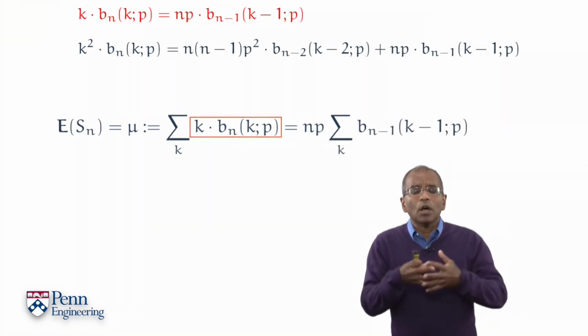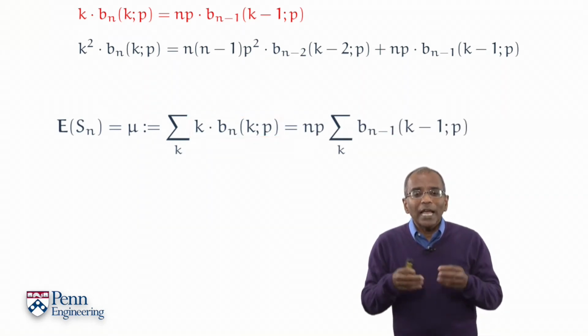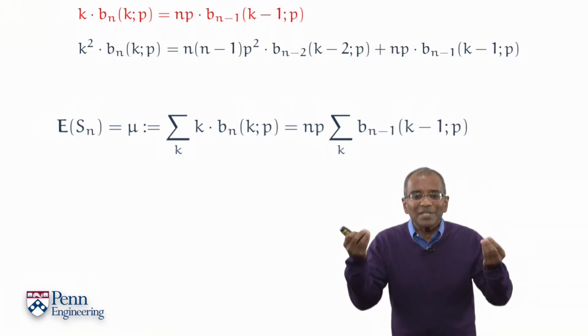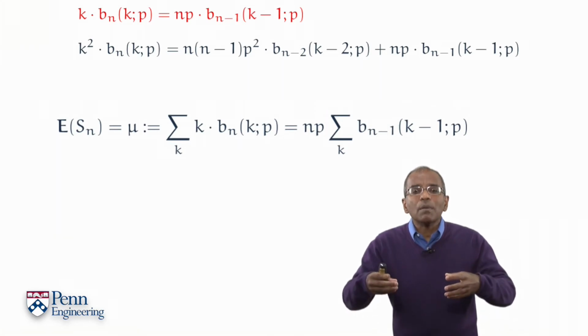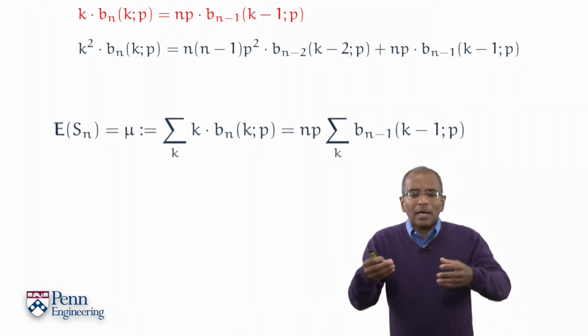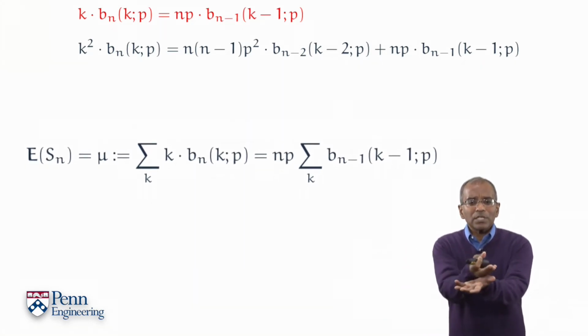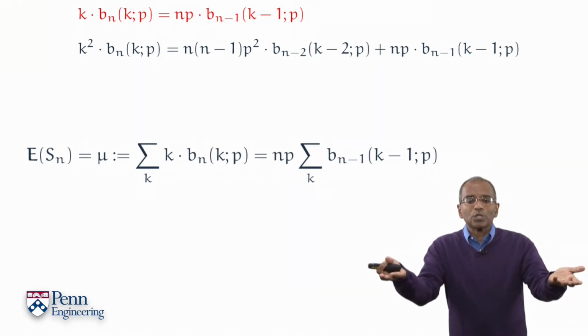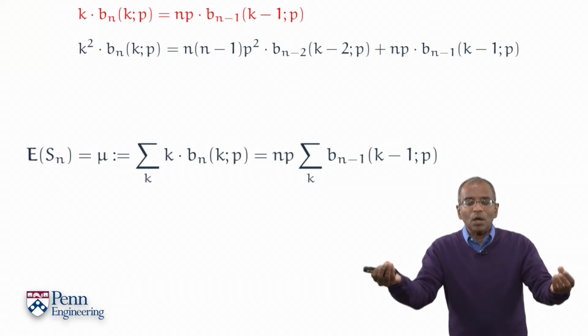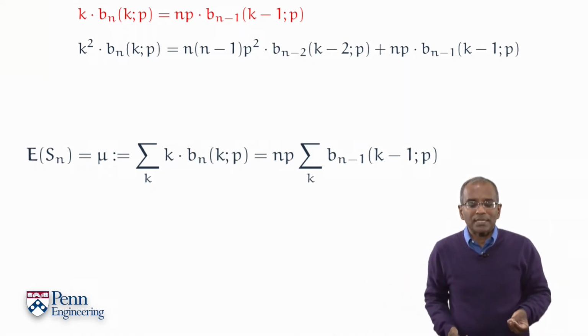And now we've got a sum of binomial probabilities involving a tacit experiment where a coin has been tossed n-1 times, and we're summing over all k. As we sum over all k, then we sum over all possibilities for successes in those n-1 tosses, from 0 successes all the way up to n-1 successes.